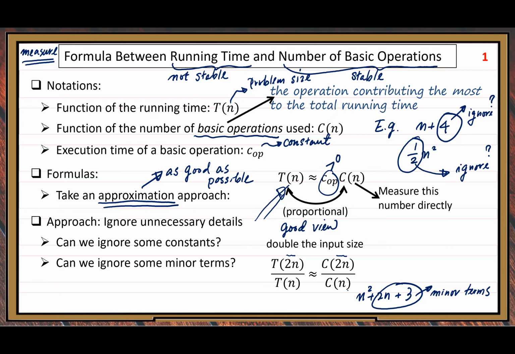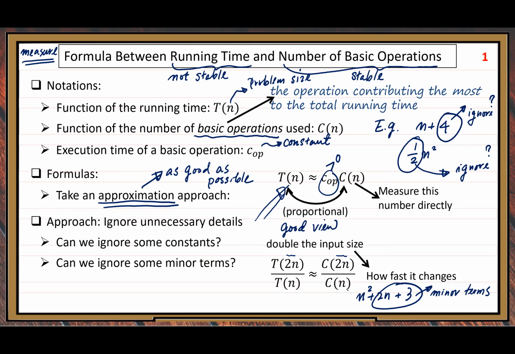From the C side, you need more basic operations, which also means slower. So you can easily get that information: how fast the measure function changes when the problem size is doubled.